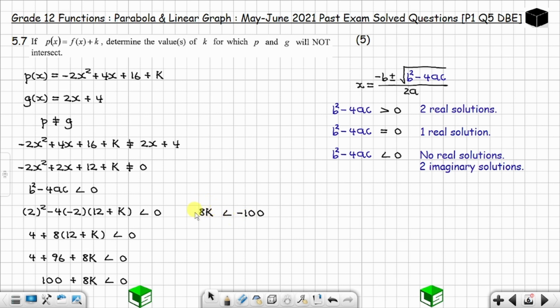So you need to solve for K. You divide by 8 on this side, it's K less than negative 100 divided by 8, which is negative 12.5. Okay, so for which values of K will P and G not intercept? For the values of K less than negative 12.5. So this is all about question 5 from May-June 2021 past exam paper.